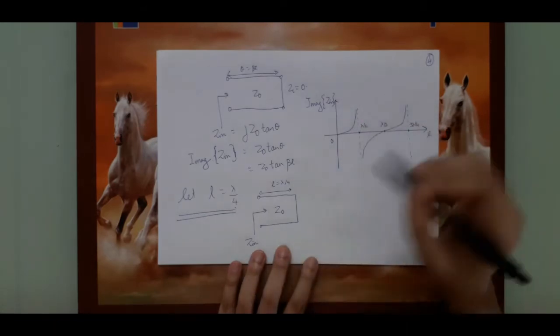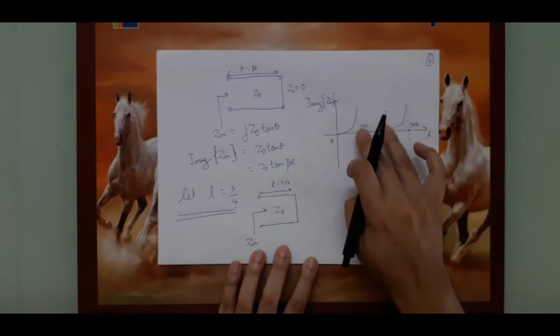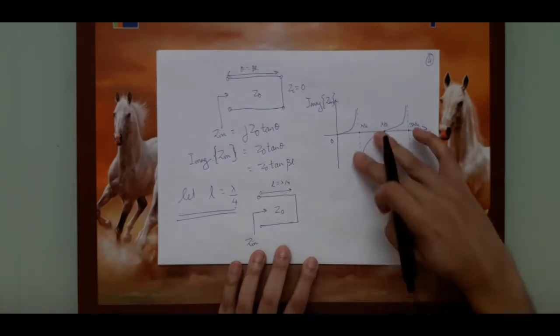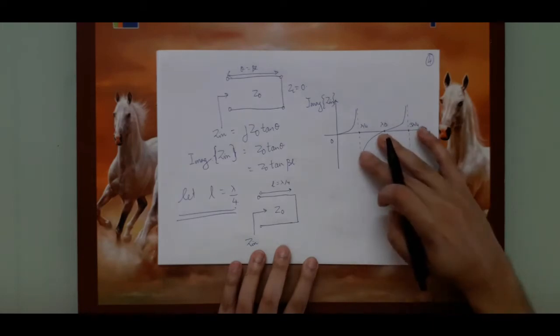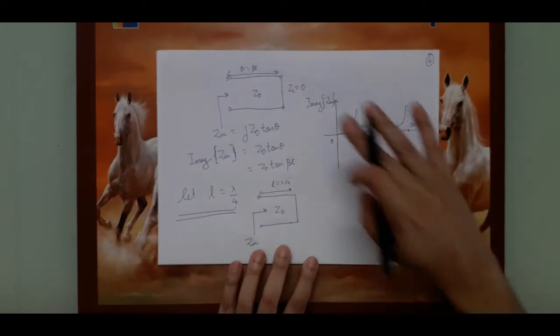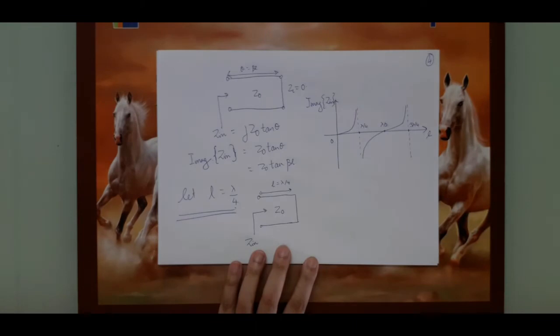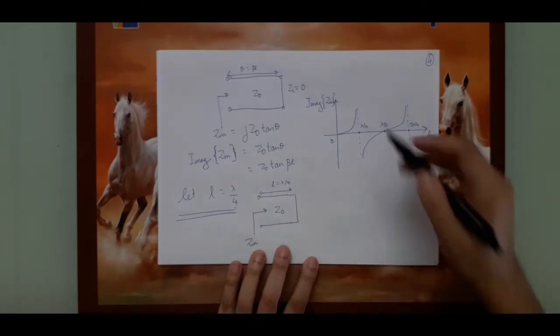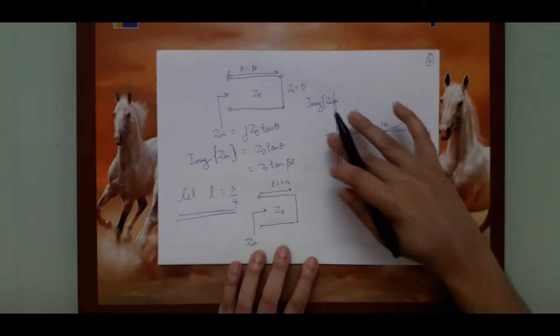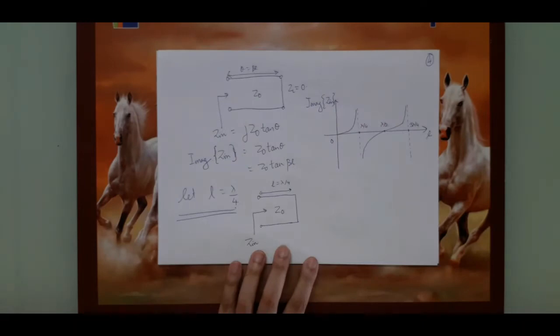And when it is more than lambda by 4, at least in this part, until lambda by 2, this behaves like a capacitor because of the negative impedance value. So this is purely capacitive reactance, this is inductive reactance.